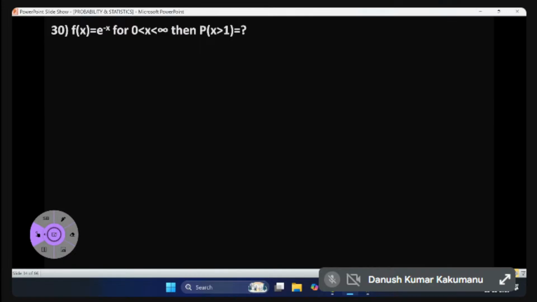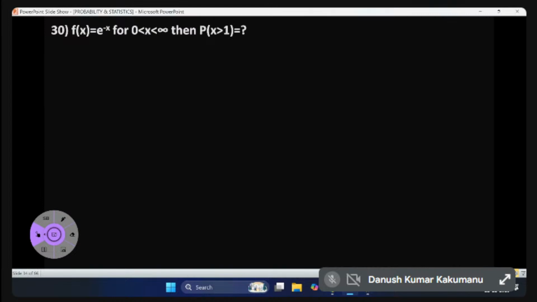Next question. F of x is given as e power minus x. All of you observe here. E power minus x, for limits from 0 to infinity. It is asking P of x greater than 1. P of x greater than 1 is also a CDF. CDF is the integral of the PDF.